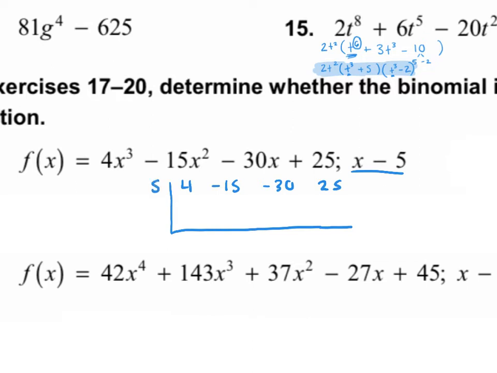Plus 5. Awesome. You changed the sign. So positive 5 goes on the outside. Now we use synthetic division. We drop down the 4, multiply, add, multiply, add, multiply, add.